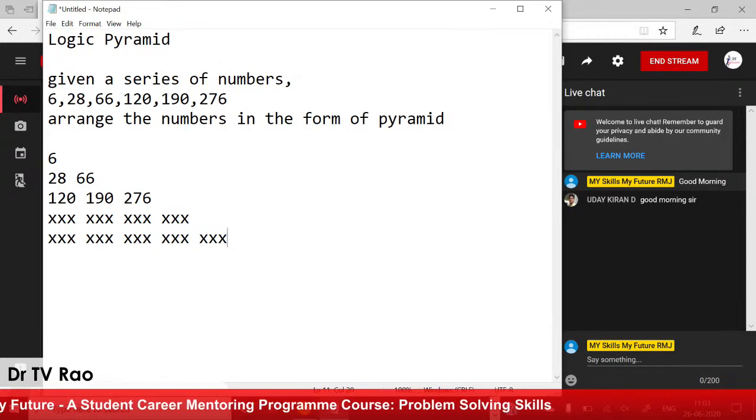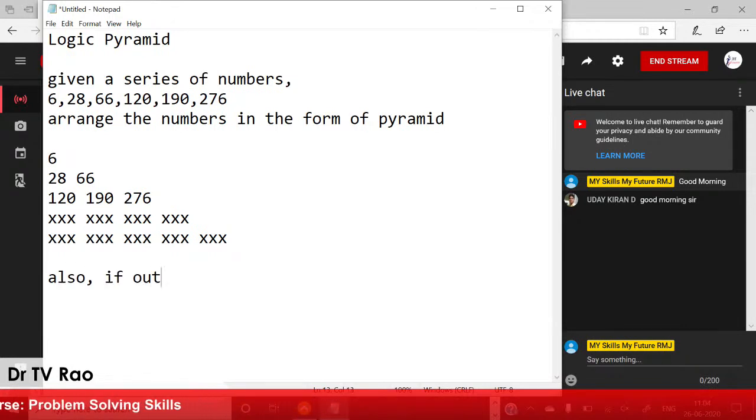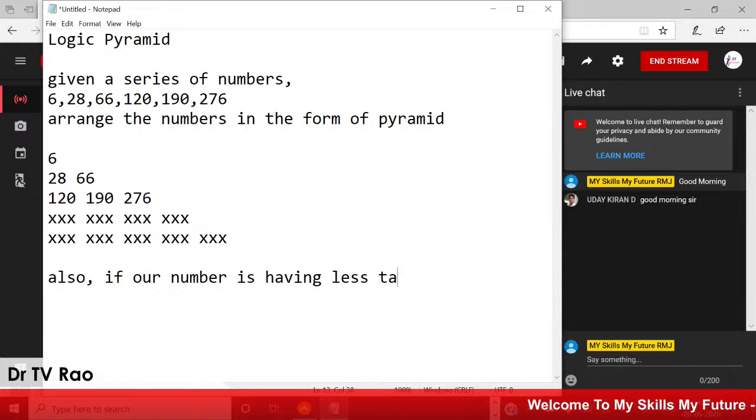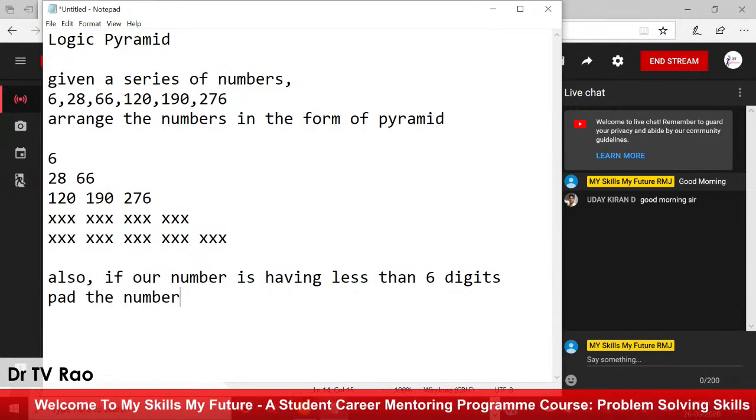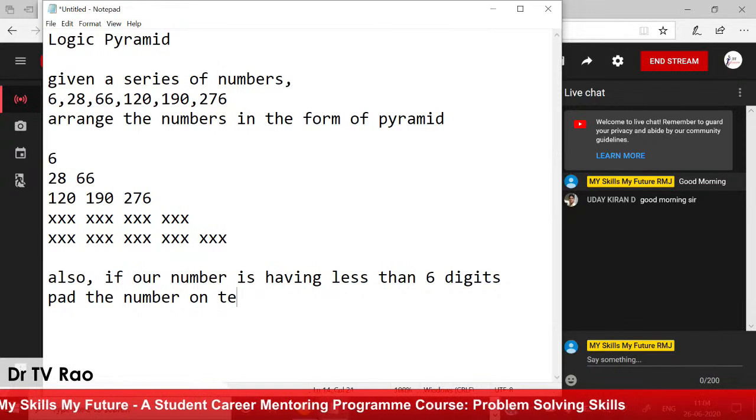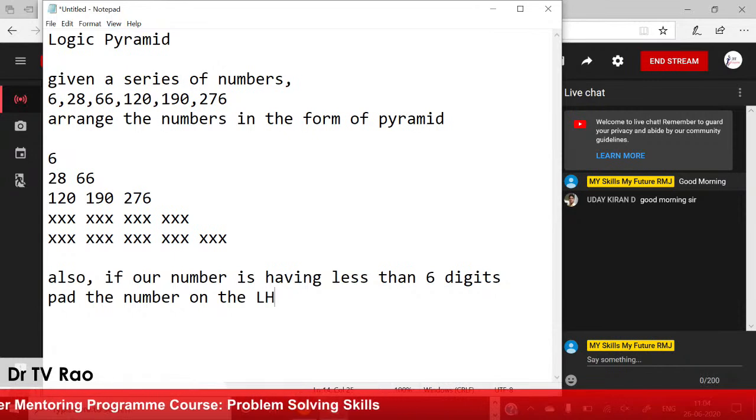Also, if our number has less than, say, 6 digits, pad the number on the left hand side with zeros.